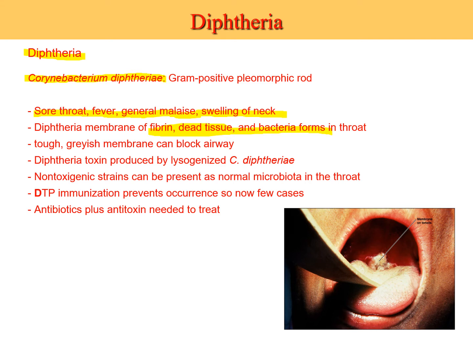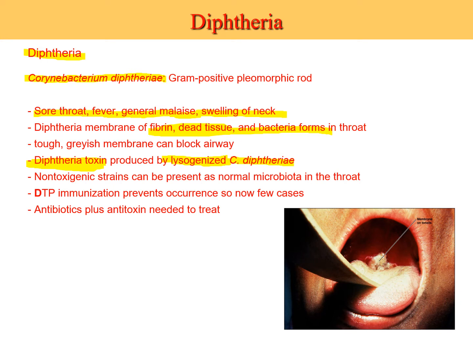The toxin associated with the organisms that can cause the disease is called diphtheria toxin. It is present in some, not all, Corynebacterium diphtheria strains, because the ones that have it were lysogenized by a bacteriophage that brought the gene in, the gene coding for the diphtheria toxin.